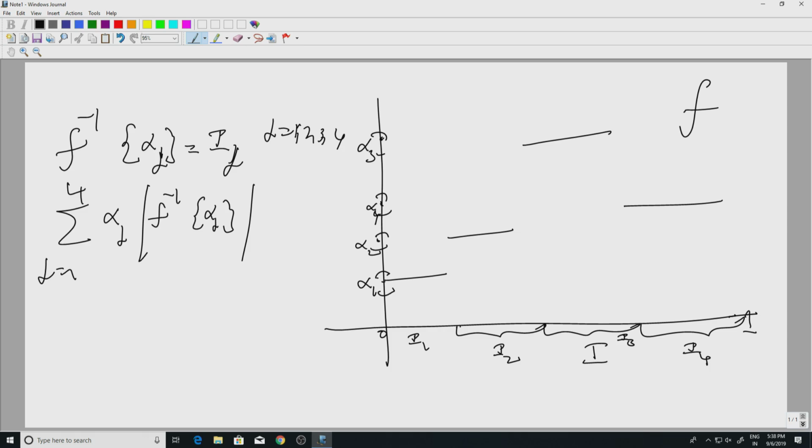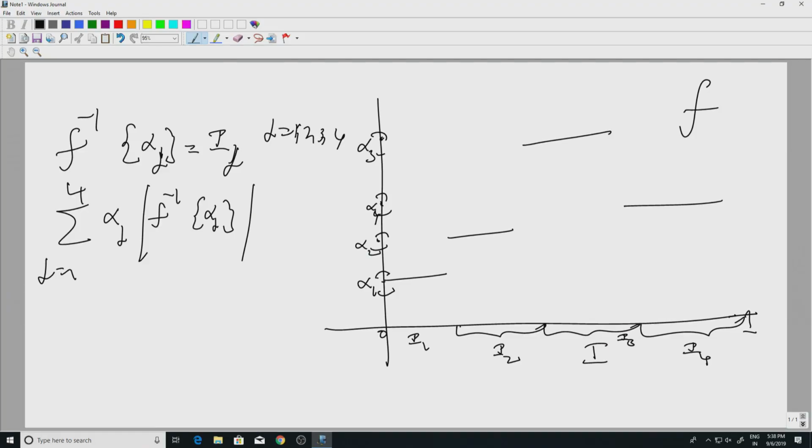So, when you take the inverse image, you will have different kinds of sets, subsets of the real line. In this case, the function was a step function. So, when you took inverse images of certain values in the range of f, you got intervals. You may not get intervals when you look at general functions.